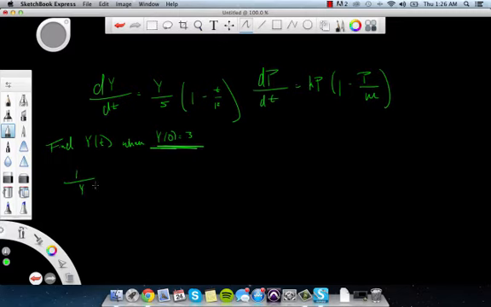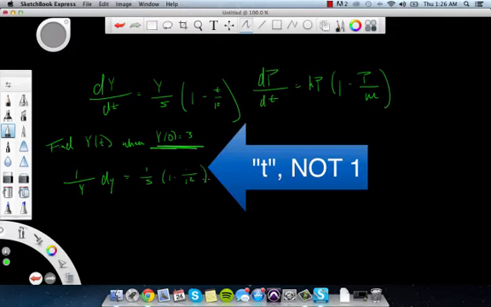We'll have 1 over y dy equals 1/5 times 1 minus y over 12, dt.